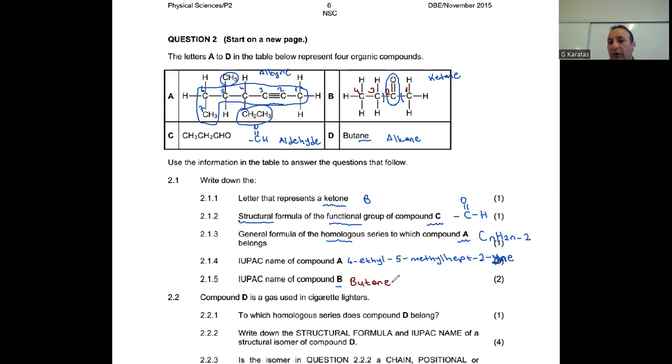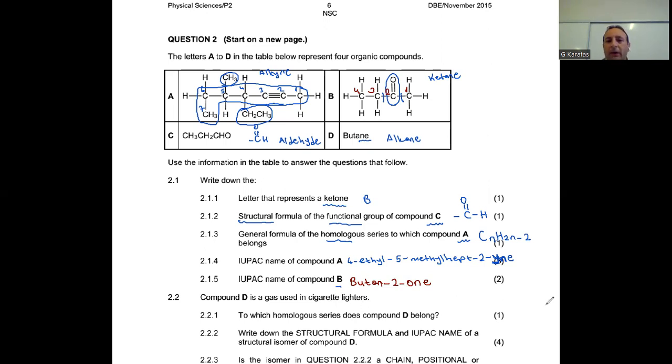But what we do for the ketones, we remove only the E suffix. We mention the position of the carbonyl group, which is the second carbon, and I add on the suffix for a ketone. So the name goes as butane-2-one. That's the IUPAC name.